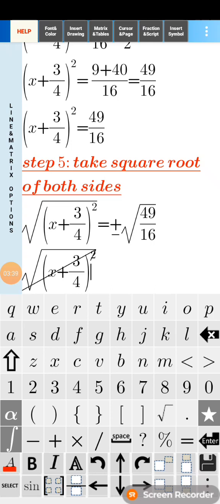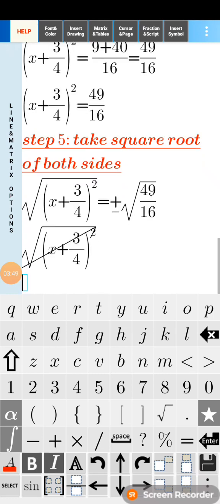So I still have my x plus 3 over 4 remaining.